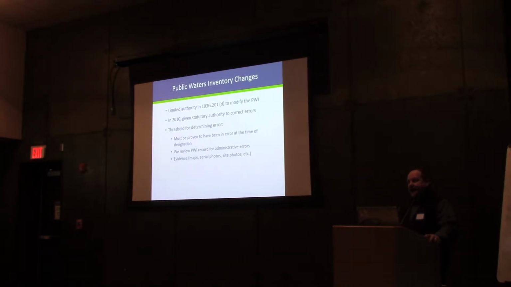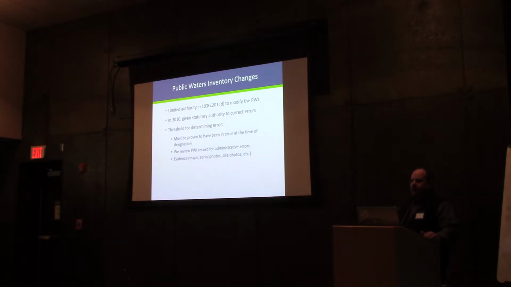The DNR has very limited authority to change the public waters inventory now. After the inventory, the DNR had no authority to change it. It wasn't until 2010 that we were given the statutory authority to correct errors. And the way that works is that it had to have been an error at the time of the inventory. So say you go somewhere and there's a wetland that's maybe degraded, maybe it's not a type 3 wetland anymore, and somebody says, that doesn't meet the definition of a public water today, we want it removed.